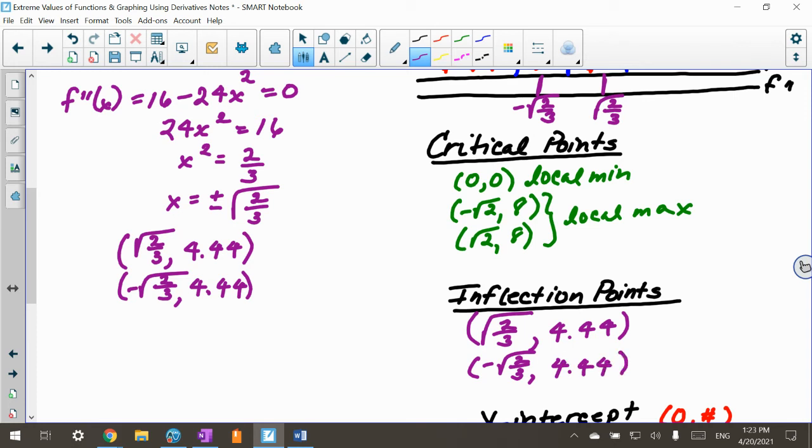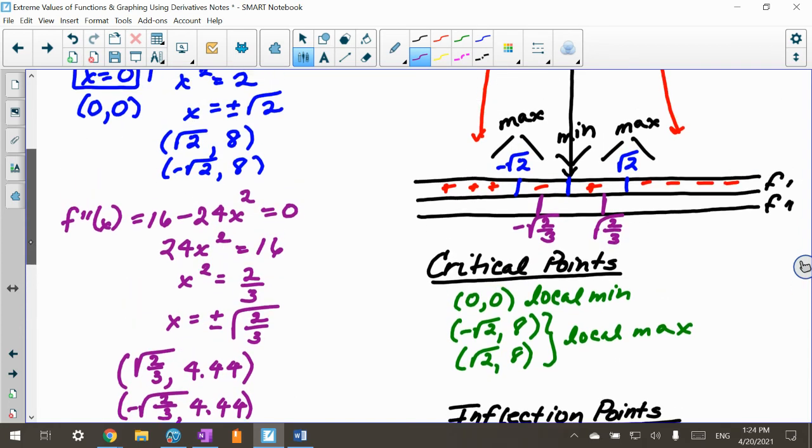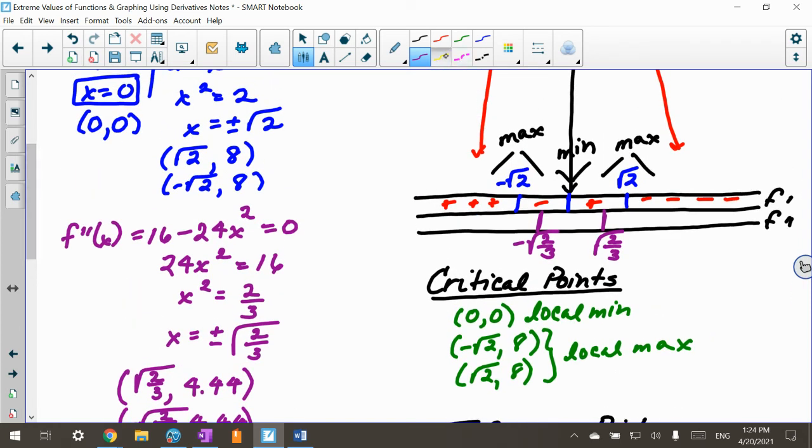So the only thing I haven't done is fill in where it's concave up and down. So I'm going to use the factored form again, or this form right here. If I go to the left, we'll say like a -3. When I square it, that turns positive. So this is a larger negative number. I've done this so many times. This is negative. In between here, like if we did a 0 here, this would be positive, and then it's going to be negative here when I go here.